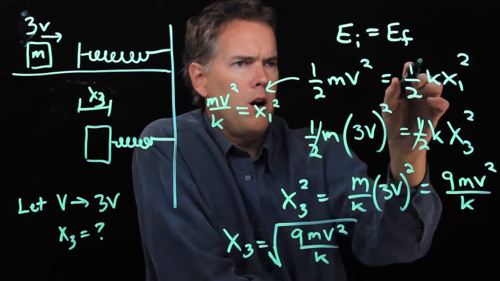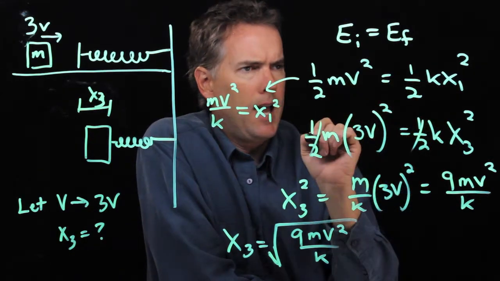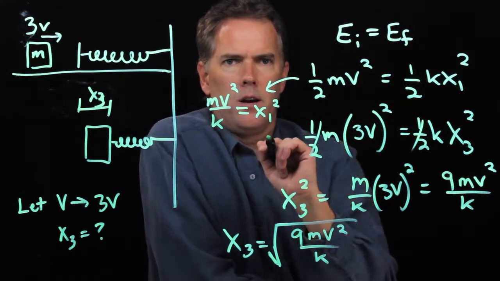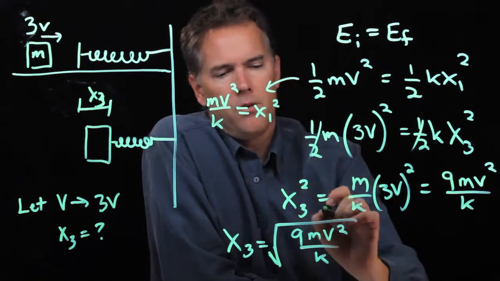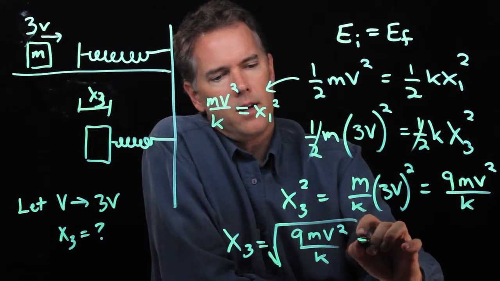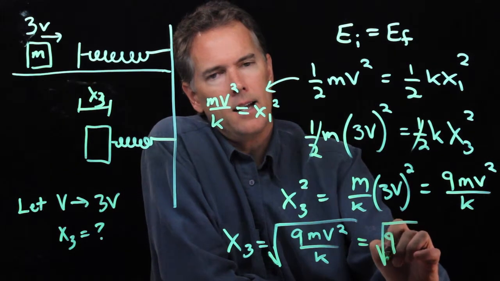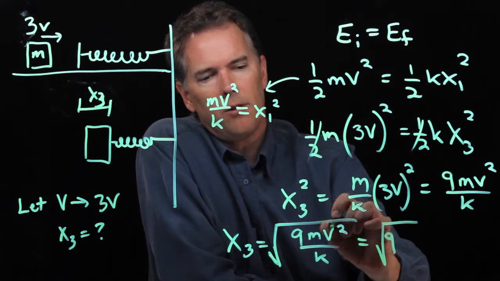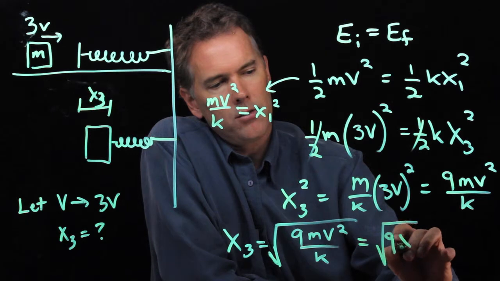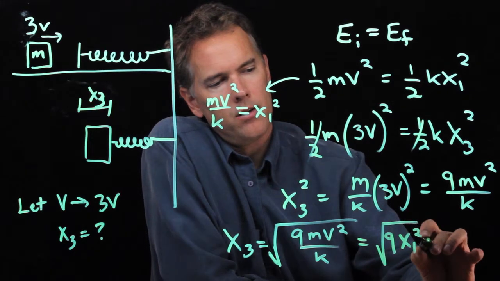Right? I just cross out the halves, I divide by k, and I get this equation right here. And now look, all these terms are right there. And so this becomes the square root of 9 times mv squared over k, which is x1 squared.